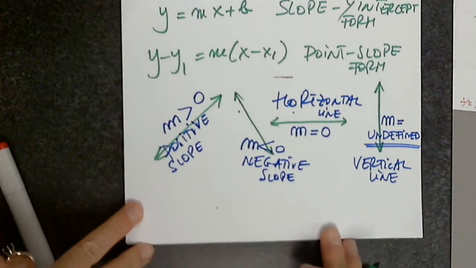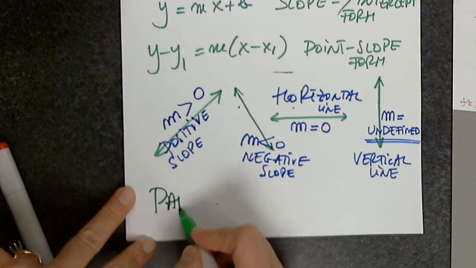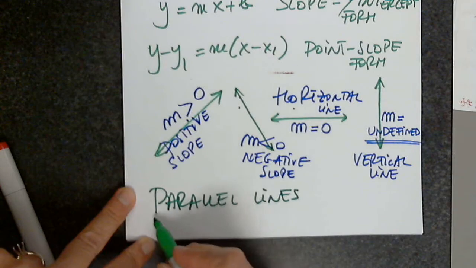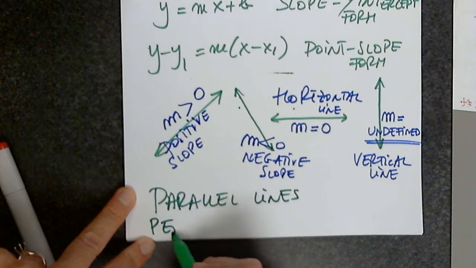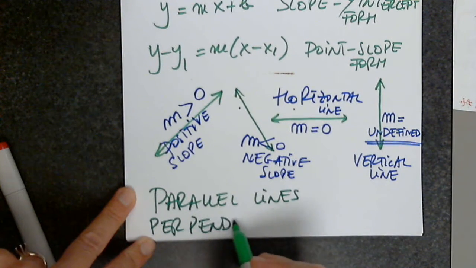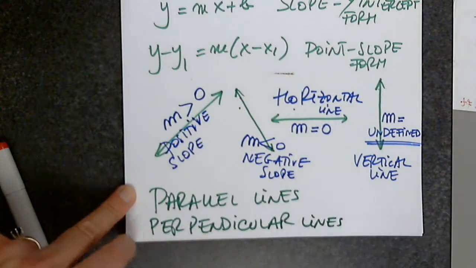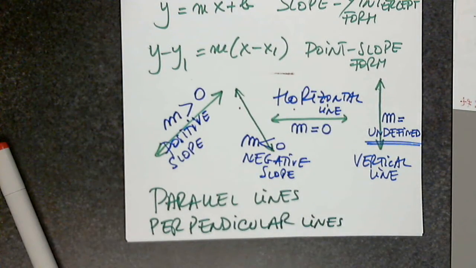Parallel lines. And perpendicular lines. When do I know that two lines are parallel?